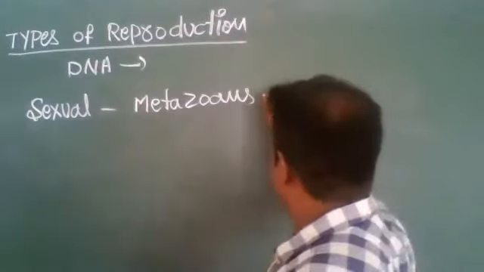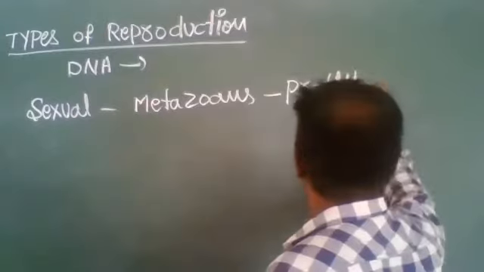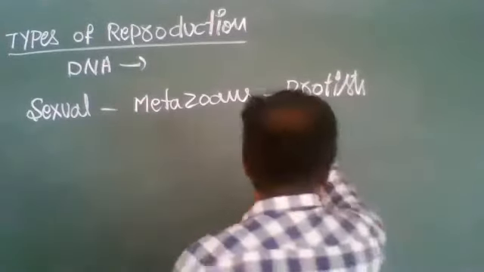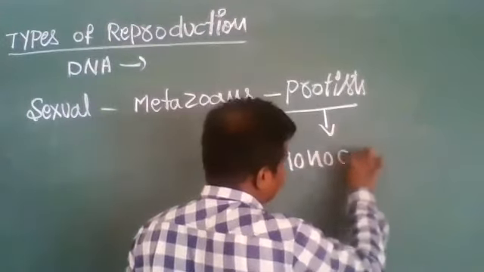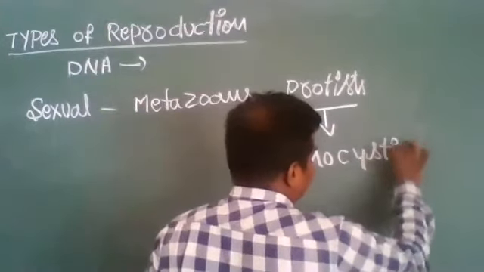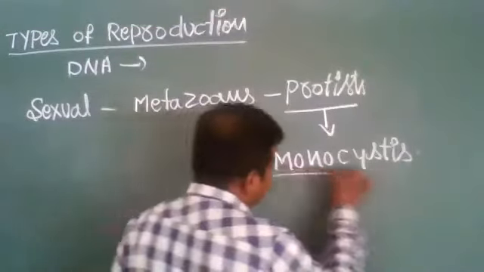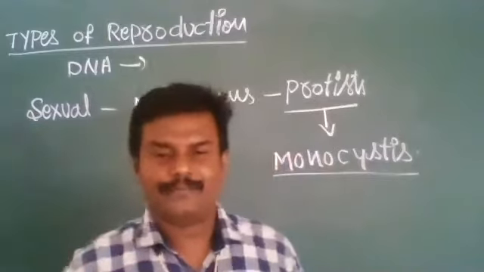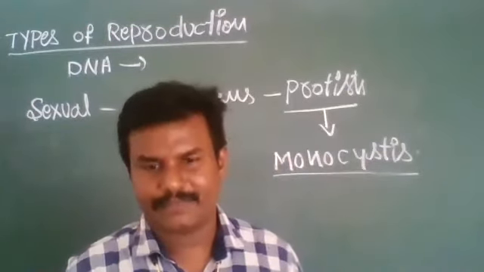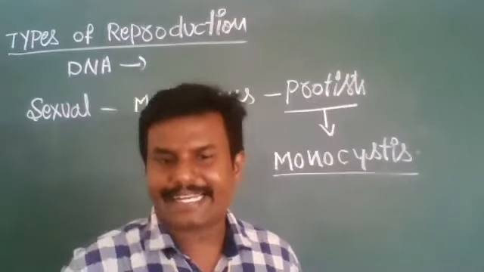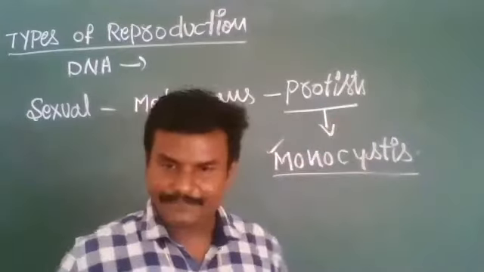It also occurs in some protists like Monocystis. Monocystis is an internal parasite found in vertebrates.